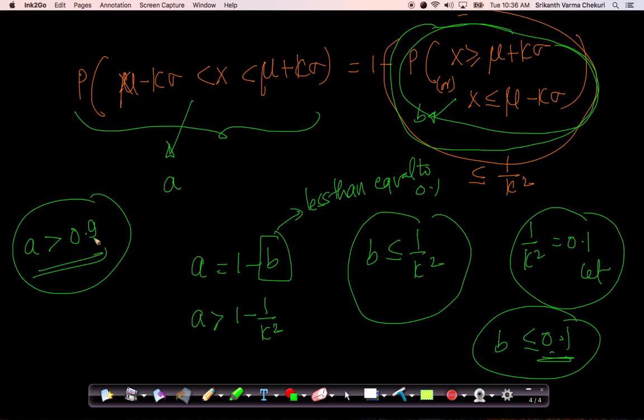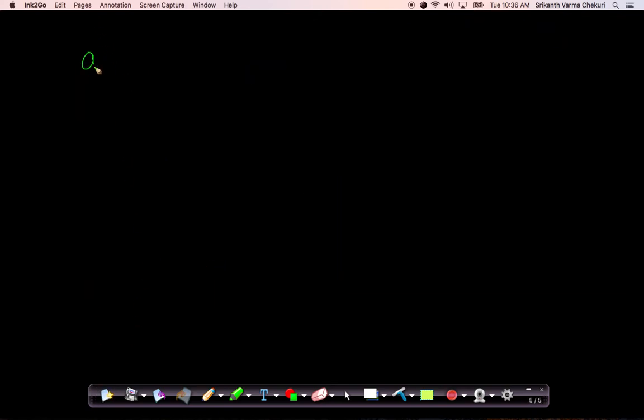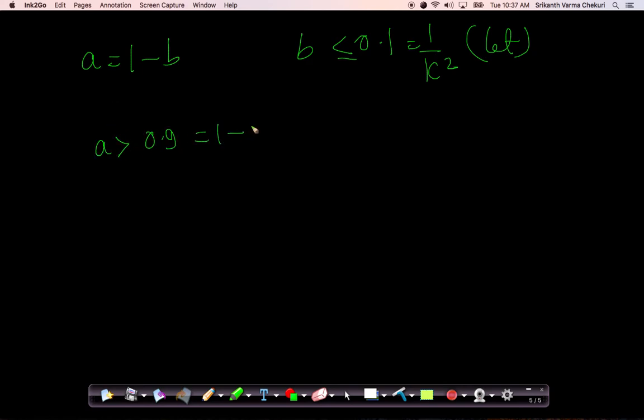A will always be greater than 0.9, because of the relationship between A and B. Now if I know that B is less than or equal to 0.1, which is equal to 1 by k square, let's just say, then I know that A will always be greater than or equal to 0.9, which is equal to 1 minus 1 by k square, right?